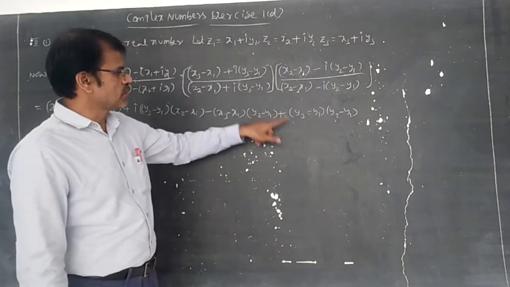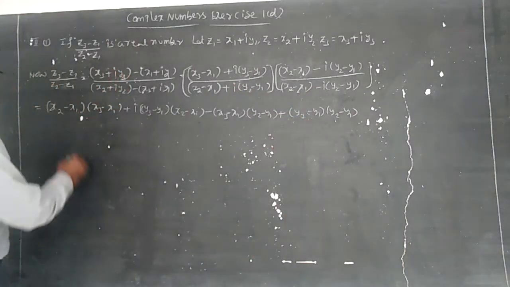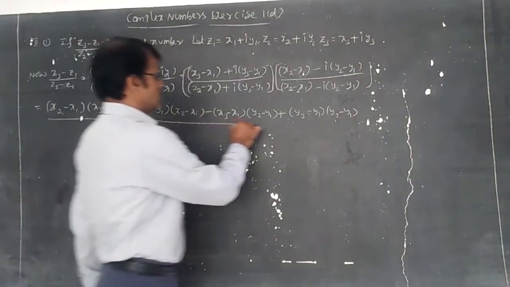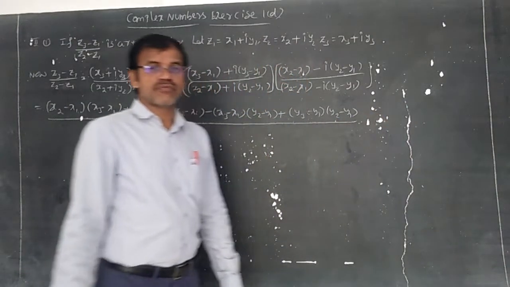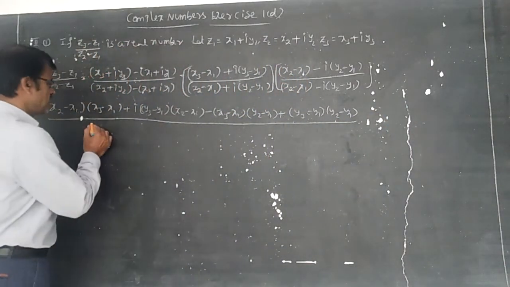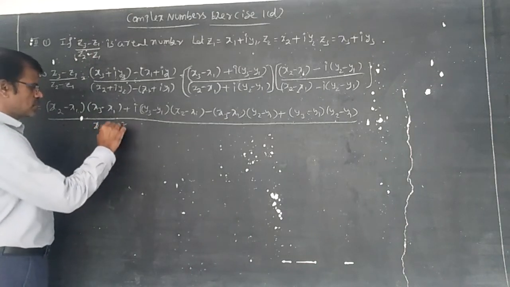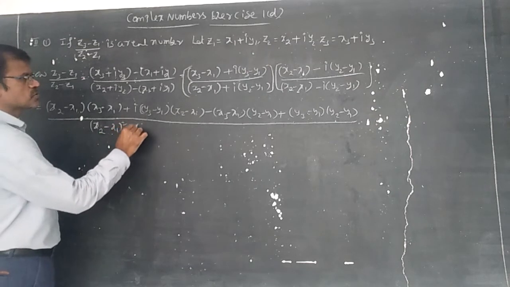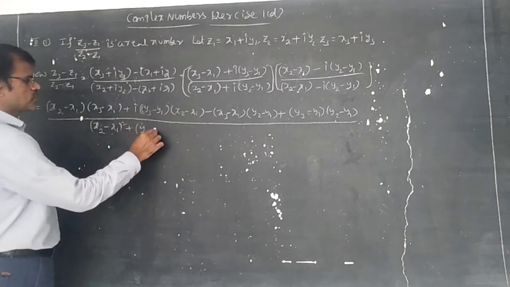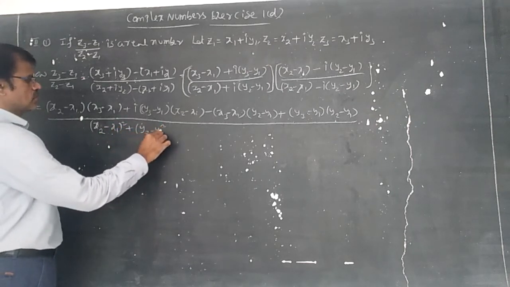This is the numerator, whole by the denominator of the form a plus ib into a minus ib. So a square plus b square, this is (x2 minus x1) whole square plus (y2 minus y1) whole square.